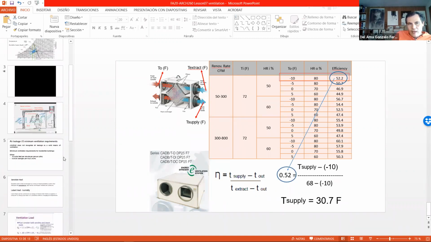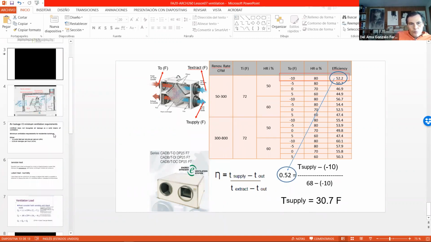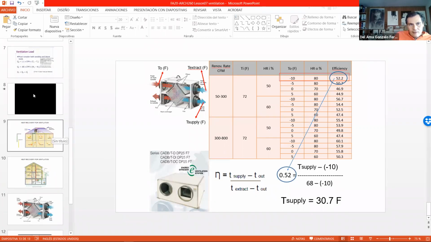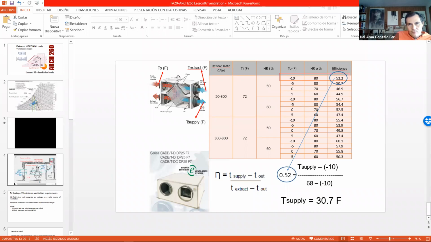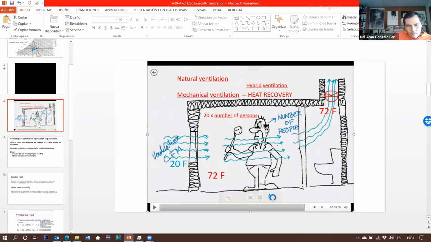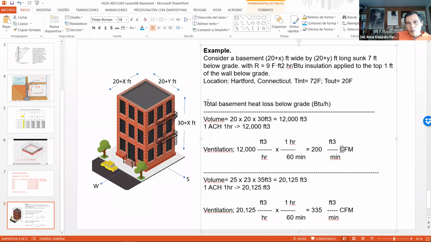So what do you have to do now? Well, I will open an assignment and we will have to calculate this. I will provide you with data; you have the dimensions and the volume of the building, but there are 3 different floors.